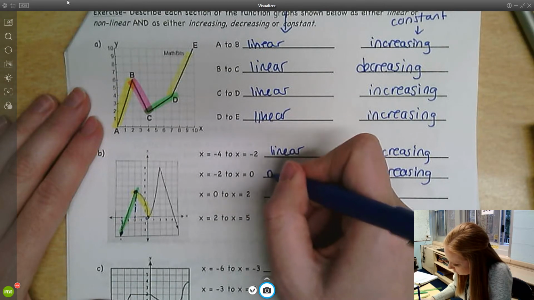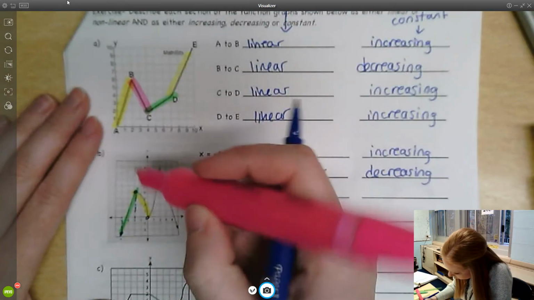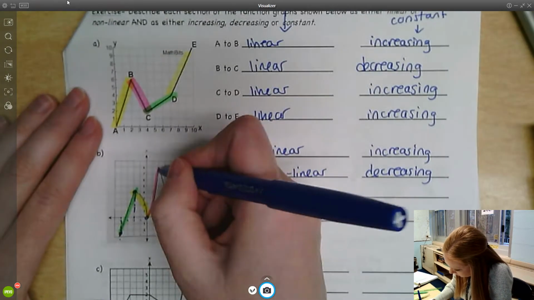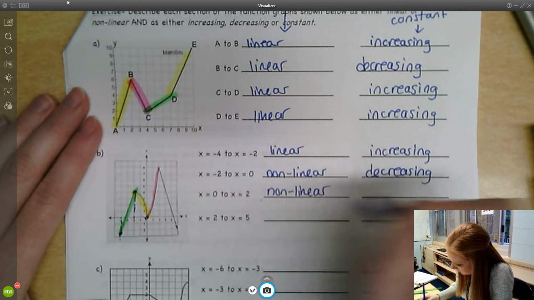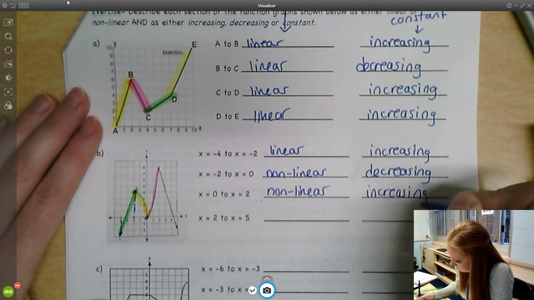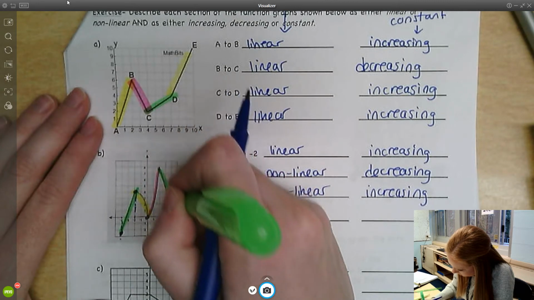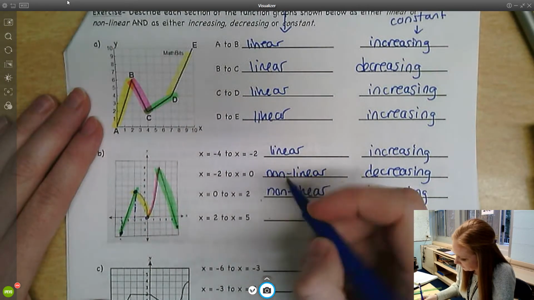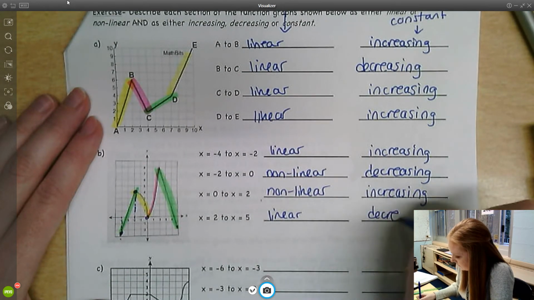And it is curved, so it is nonlinear. All right, and then the next stretch from x is 0 to x is 2, that is also curved, so nonlinear. And that is going upward, so we're increasing again. And then from x is 2 to x is 5, even though that looks curved, there you go. It is straight line, so that is linear, and we are decreasing again.